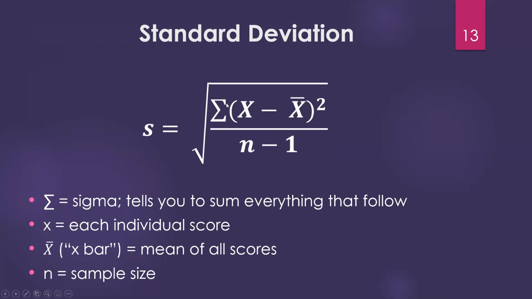Remember, we learned in the formula last week for calculating the mean, this funky looking E is the sigma, right? Sigma tells you to sum or to add up everything that follows it. X, remember, stands for each individual score or each individual value. And X bar, remember, is our mean. N is the sample size, how many values we have in the data set.